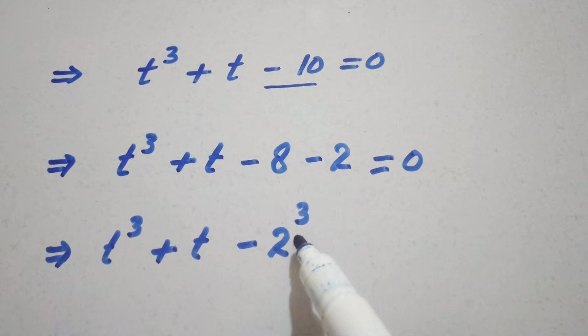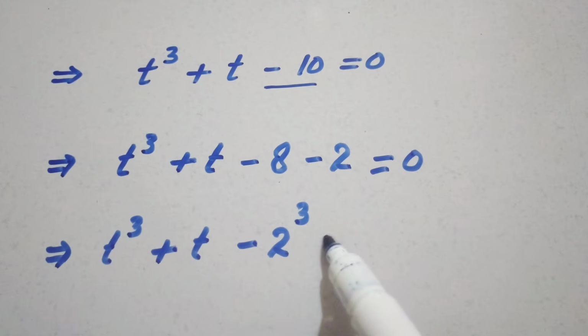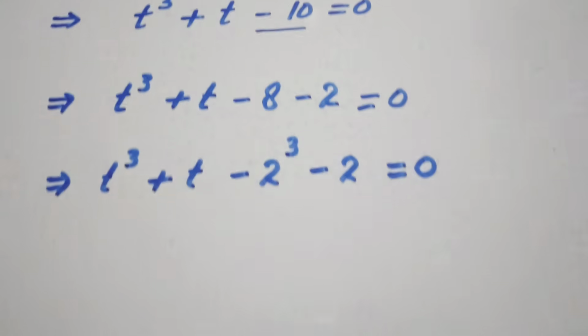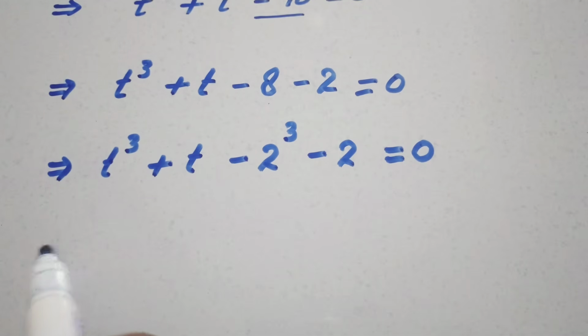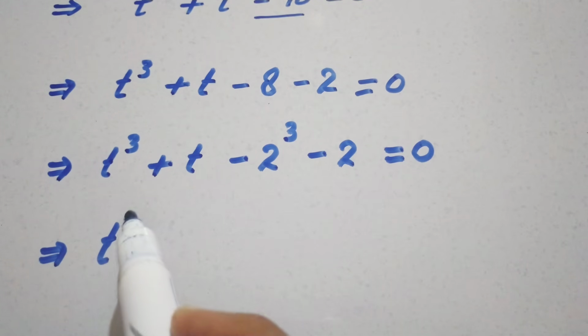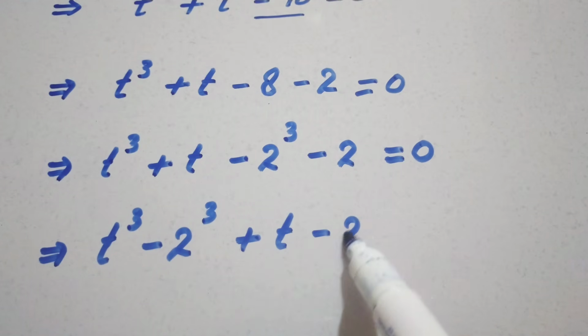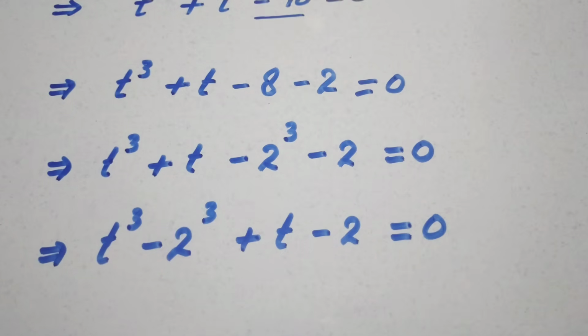If we multiply 2 three times, we get 8, minus 2 is equal to 0. Now rearranging: t cube minus 2 cube plus t minus 2 is equal to 0.